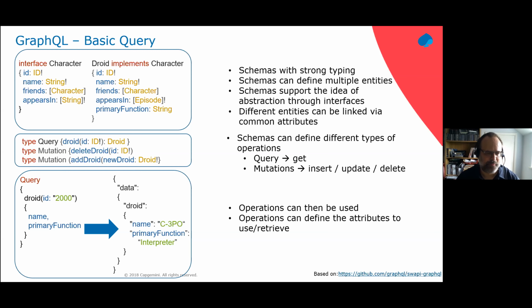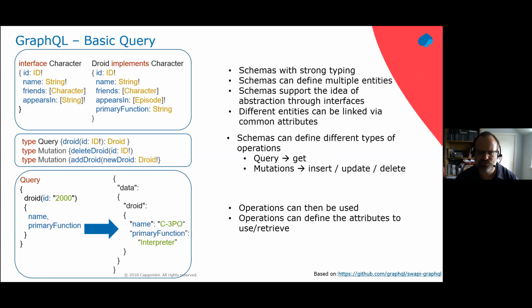And what we do is we send in a query. As you can see here, the query is using the types at the top that I've doctored from the SWAPI, the Star Wars API that's out there for the geeks like myself, where I can go and do a query and say, I want to know about Droid with the ID of 2000, and I'm interested in knowing that droid's name and its primary function.